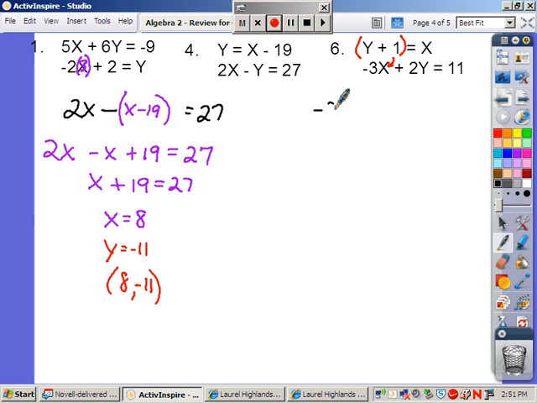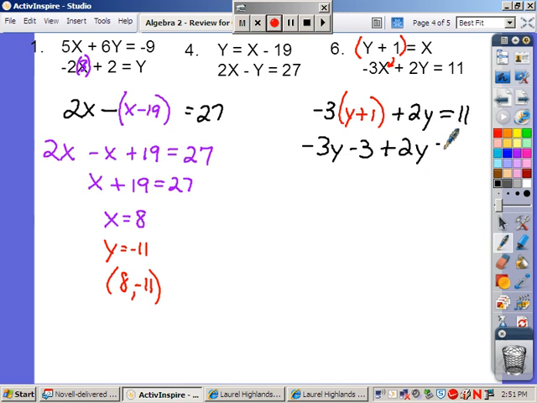So I have negative 3, but now, instead of x, I have y plus 1, and then I have plus 2y equals 11. I'm going to distribute here: negative 3y and negative 3 plus 2y equals 11. I have to combine like terms.